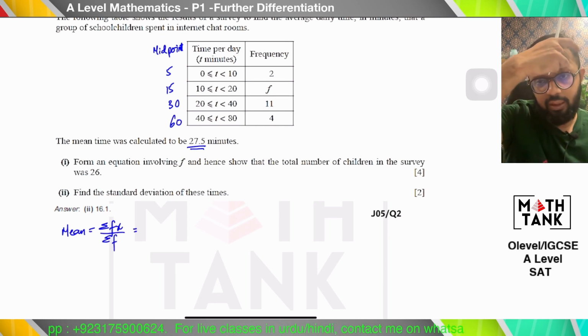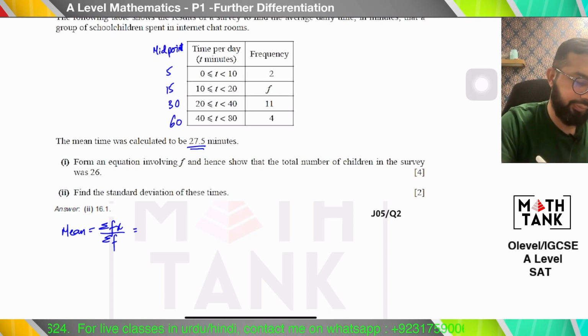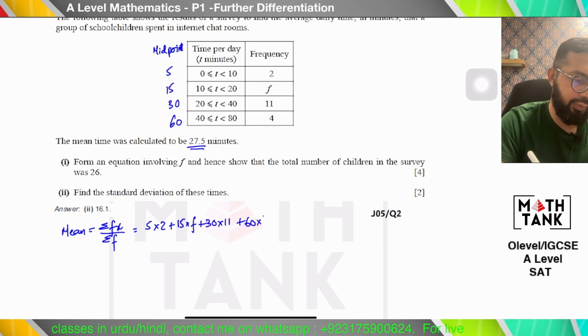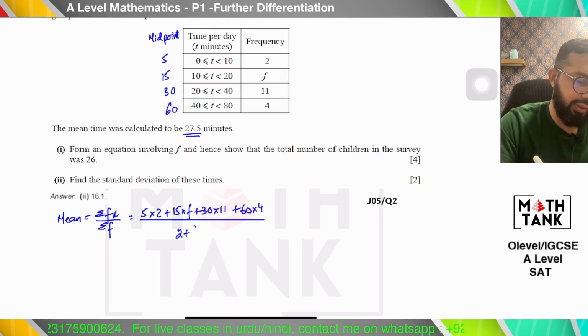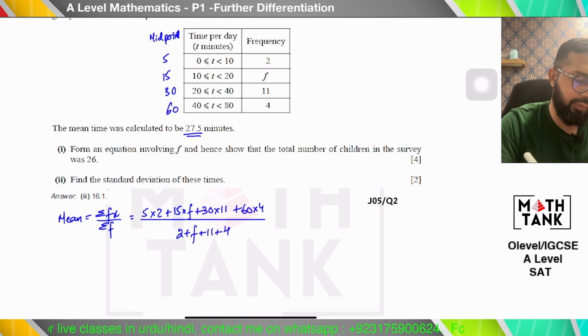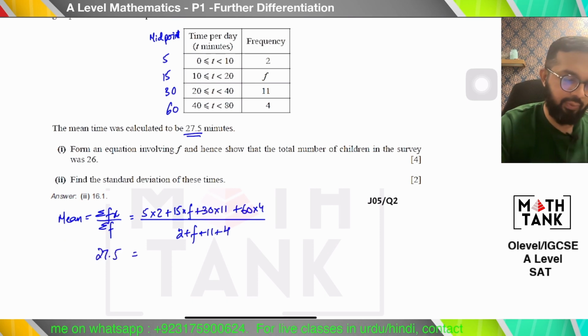So that gives me 5 into 2 plus 15 into f plus 30 into 11 plus 60 into 4, divided by 2 plus f plus 11 plus 4. This should equal 27.5. So let's do that.